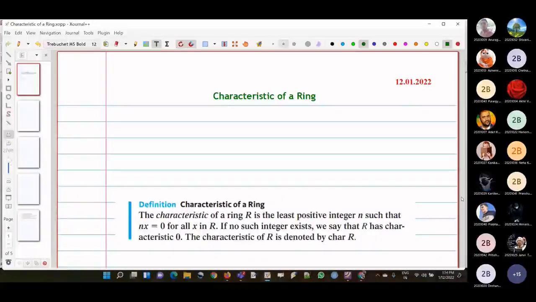In the last lecture yesterday we talked about integral domains and fields and how they are related. And also we have seen when an integral domain becomes a field and whether every field is an integral domain or not.